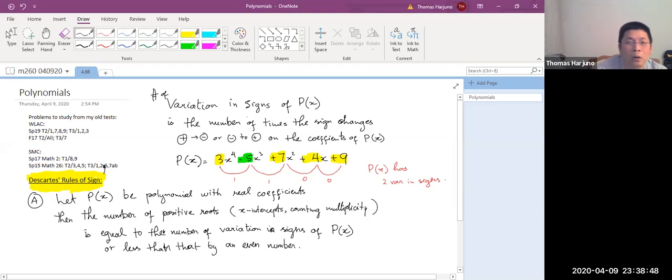In our earlier example, we see that p(x) has two variations in signs, right? So according to Descartes' rule of signs, the first part, p(x) has two positive zeros or zero positive zero.